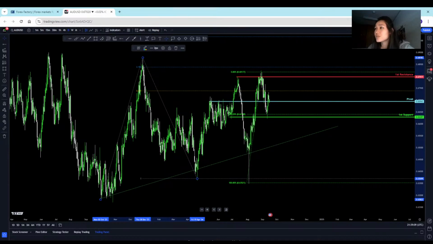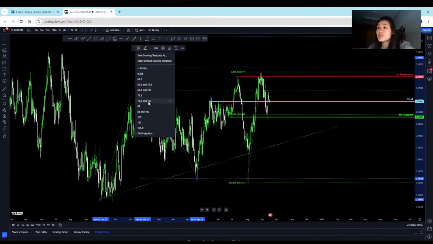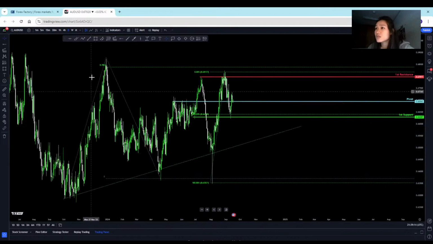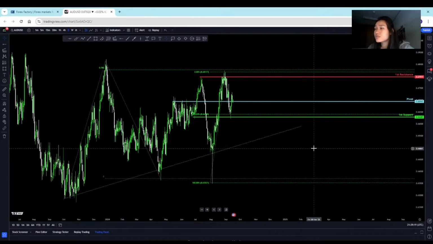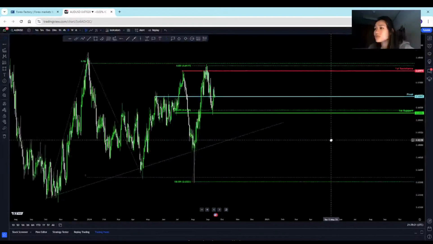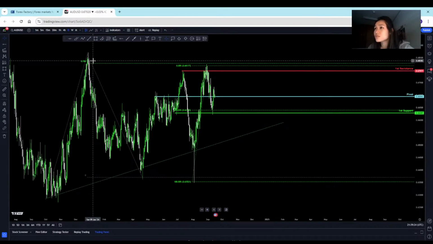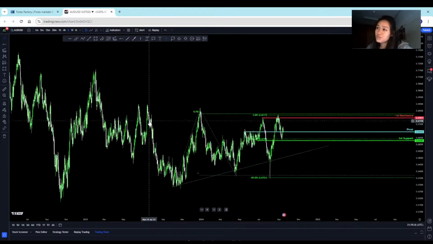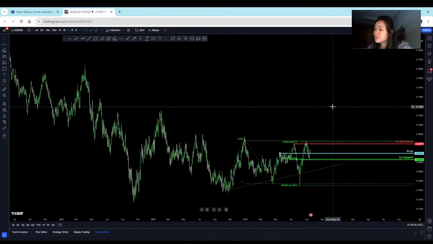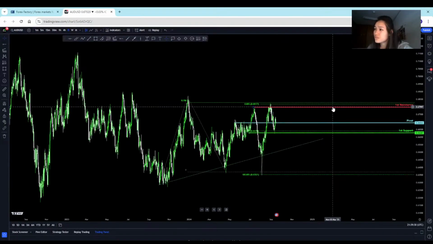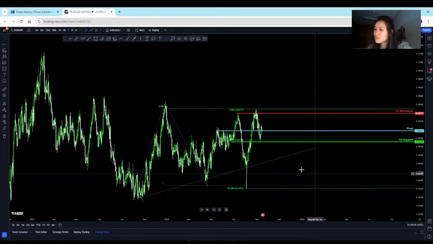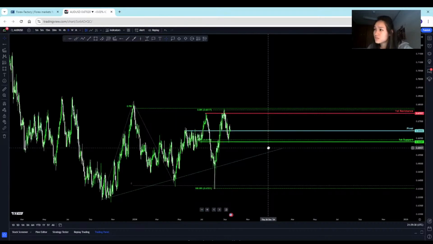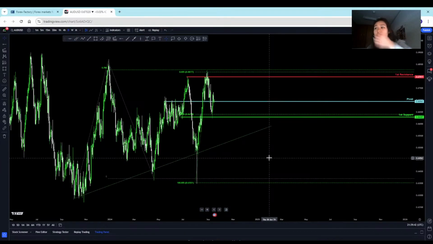Can see my 78.6 lines up nicely with my first resistance. I think that's all the levels we have.